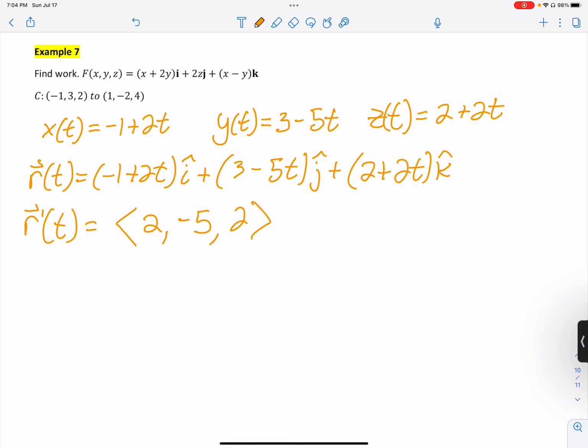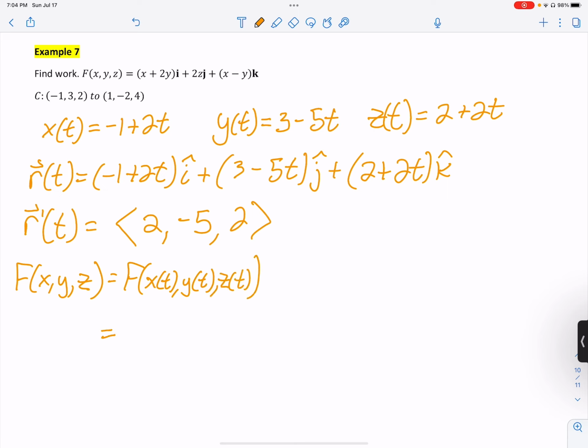Nice and easy there. Now I want to take my F in x, y, and z and plug in x of t, y of t, and z of t. It just means put it in terms of t. I'll keep it in ijk for a moment. I have -1 plus 2t plus 2 times y, which was 3 minus 5t, that is i.